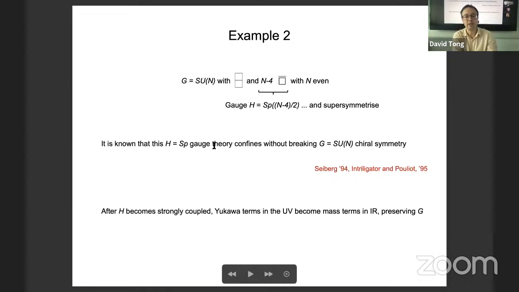This is an Sp gauge theory with N=1 supersymmetry, and it's among the class of theories that Seiberg, and actually a year later Intriligator and Pouliot, studied in the 1990s. And now there's no doubt whatsoever what happens. We have control over the strong coupling dynamics in the infrared, and one of the many beautiful phenomena that Seiberg showed can happen in supersymmetric gauge theories is confinement without chiral symmetry breaking, which of course is exactly what we want here.